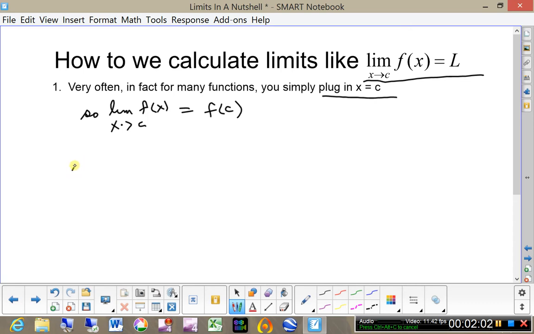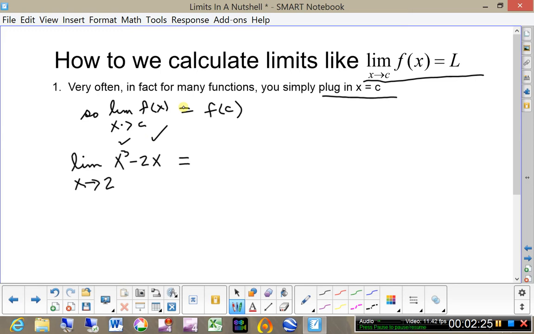The limit of the function x cubed minus 2x as x approaches 2. We just plug in, and by the way, this is really two functions. The first function is x cubed, the second function is minus 2x.